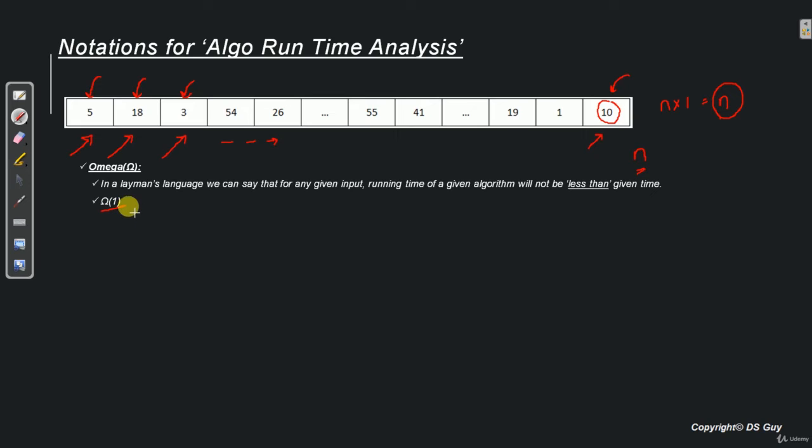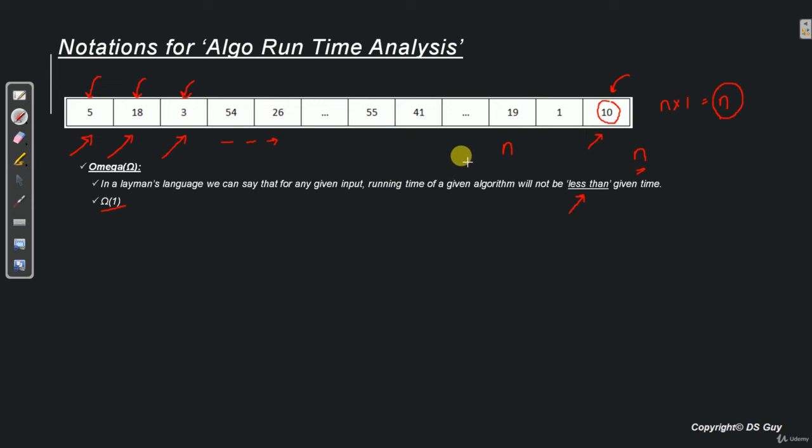Why omega of 1? Because omega always guarantees that the running time of an algorithm will not be less than the given time. That is, a minimum of this much time will always be taken by the algorithm to search for a number. Now in this case we took n time.